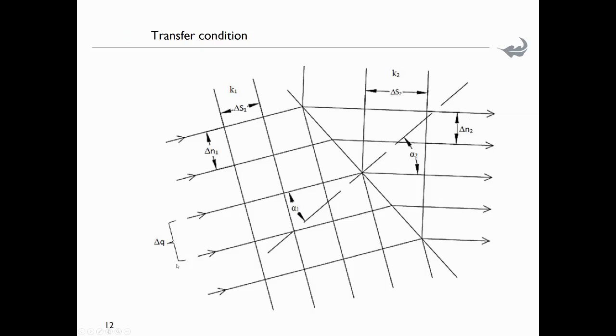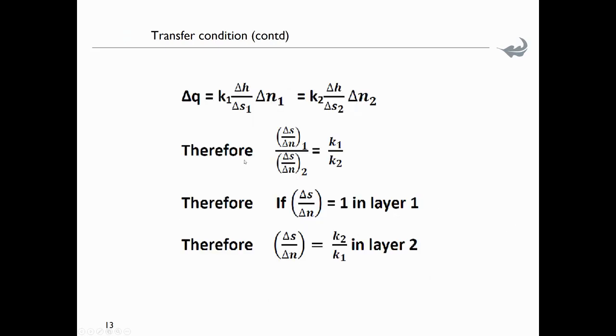And this is the change in flow rate over distance. So delta Q, the change, is K1 times delta H over delta S1 times delta N1, and it's equal to the same for K2.